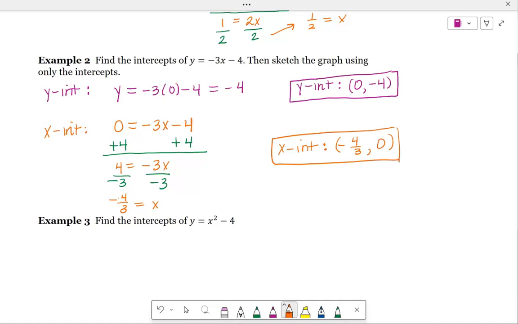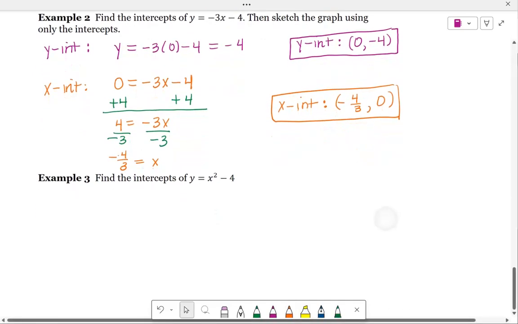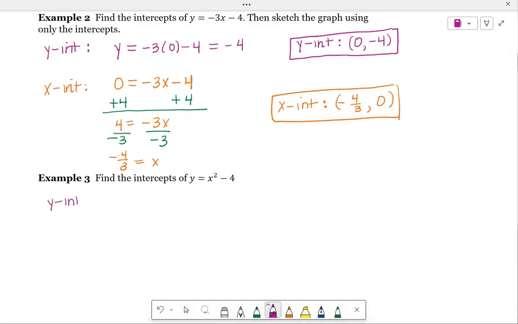Our last example is a little bit more complicated because we've got something squared, but we can still follow the same process. To find the y-intercept, I'll plug in 0 for x. So our y-intercept is 0, -4.